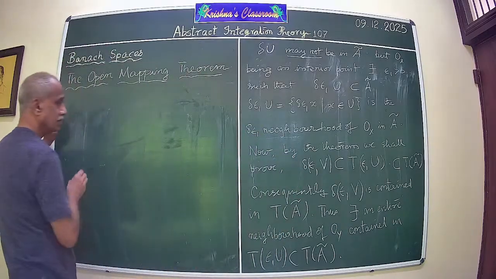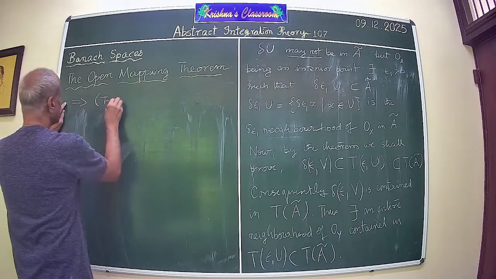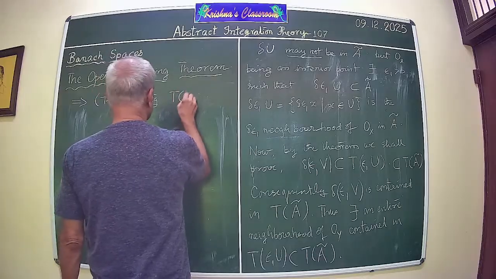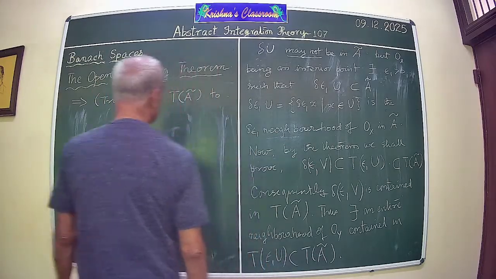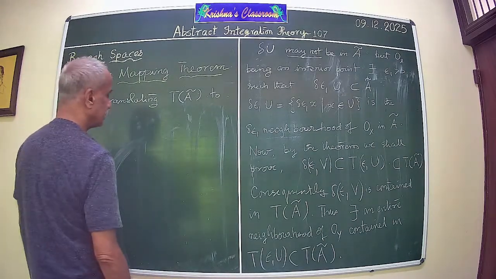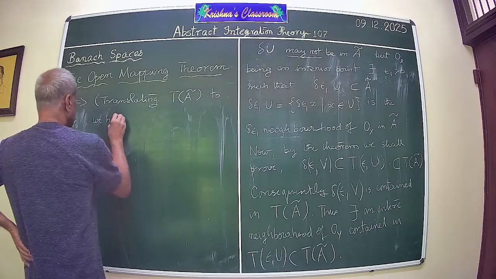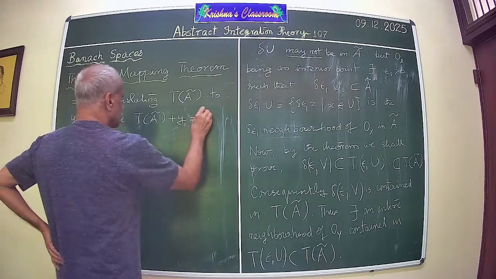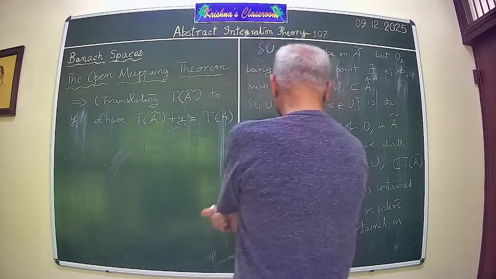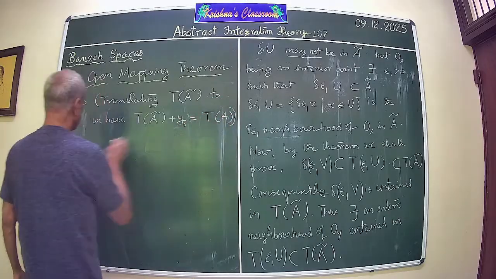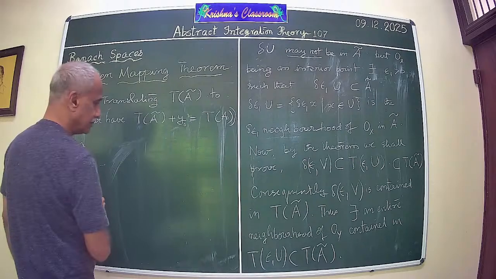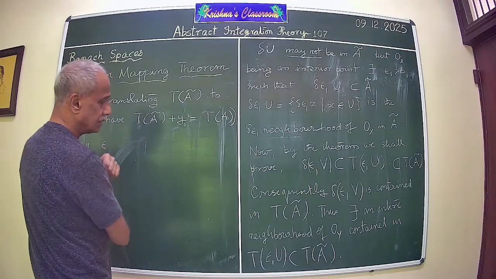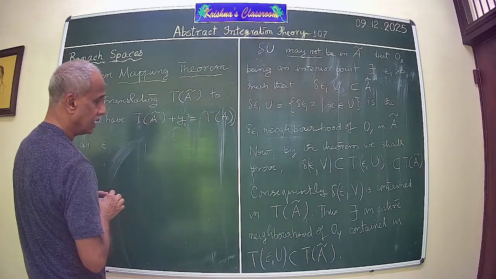The implication is that translating to y naught, we have T a tilde a, there exists epsilon 1, there exists entire a.